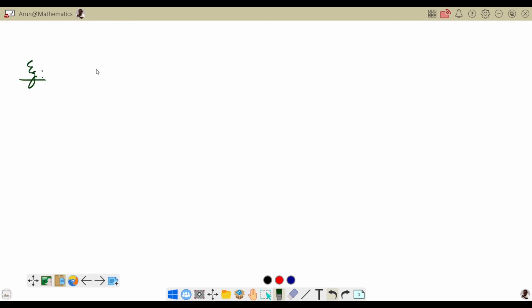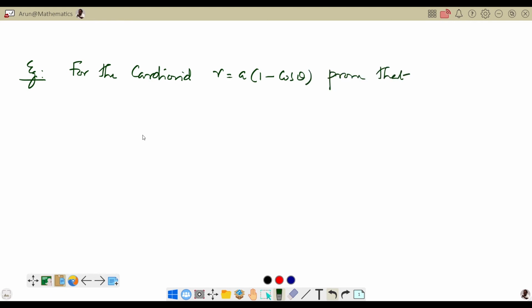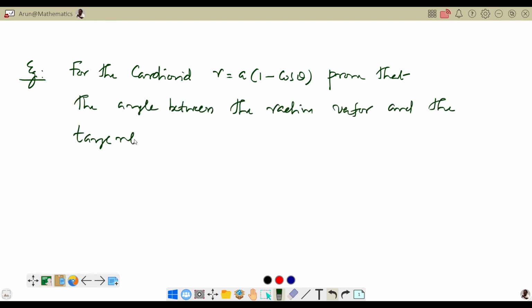For the cardioid, r equal to a into 1 minus cos theta, prove that the angle between the radius vector and the tangent at r theta is phi equal to theta by 2.